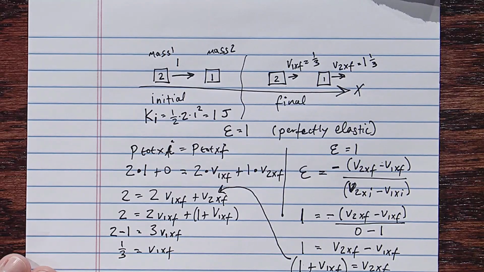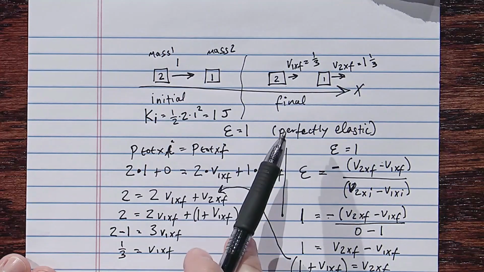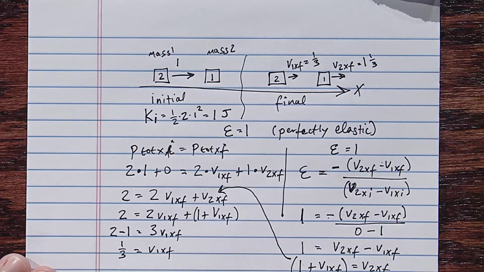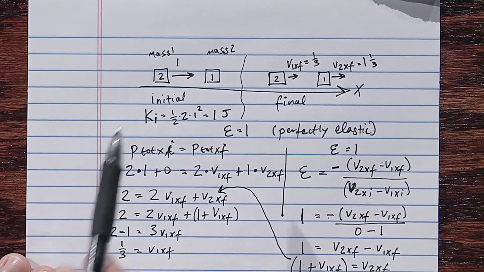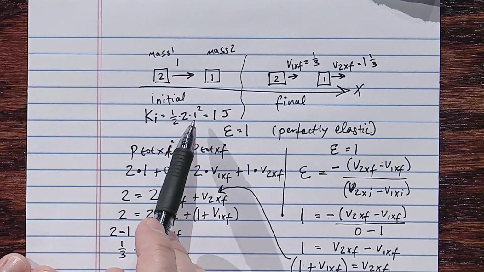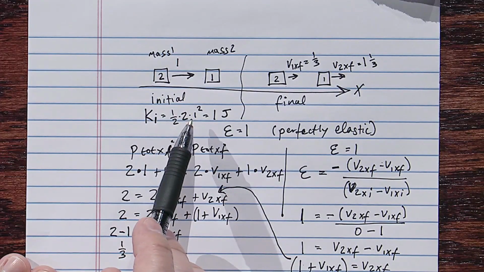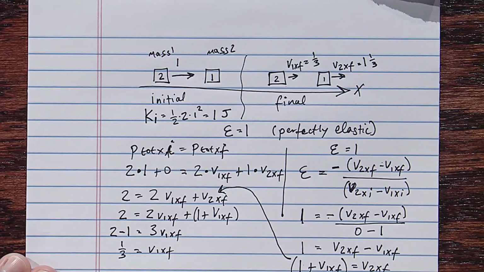Now, I said that in a perfectly elastic collision, we conserve kinetic energy, meaning no kinetic energy is lost. We had 1 joule of kinetic energy before. Let's see how much kinetic energy we have afterwards.